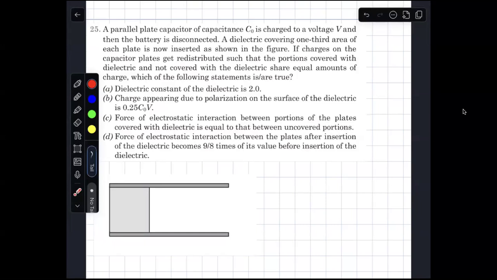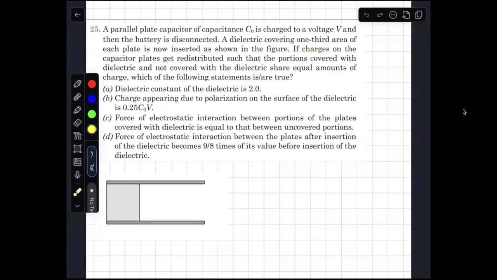There are two different data involved in the question. The dielectric constant of the dielectric is 2, so I need to find that first.